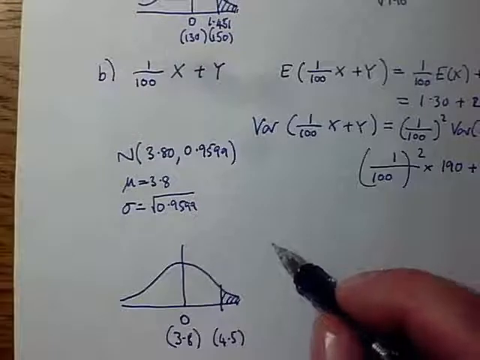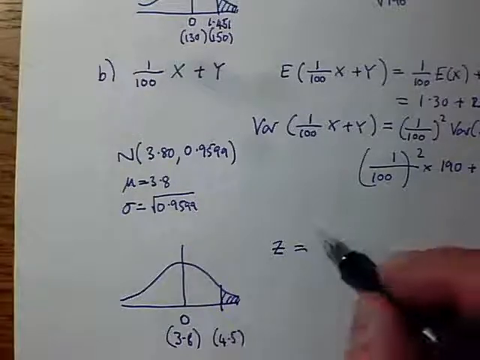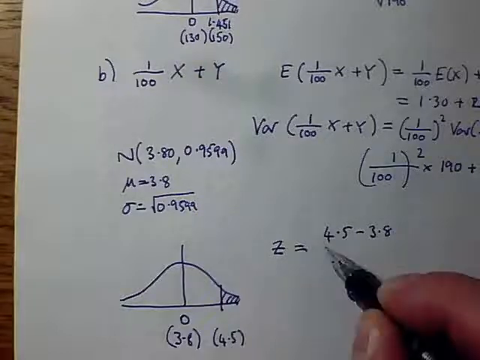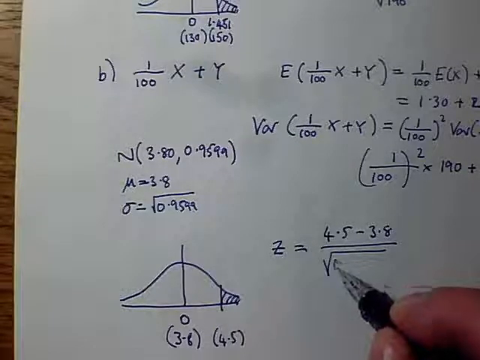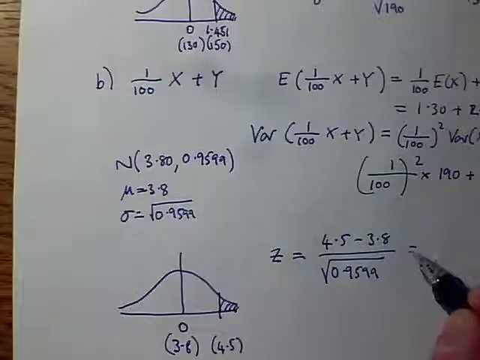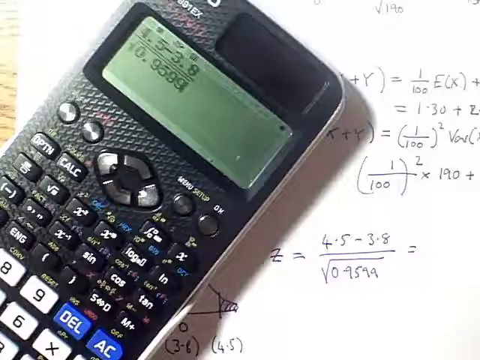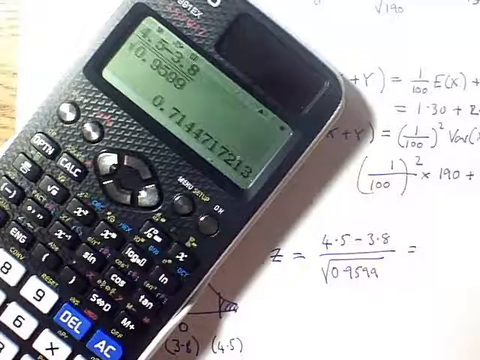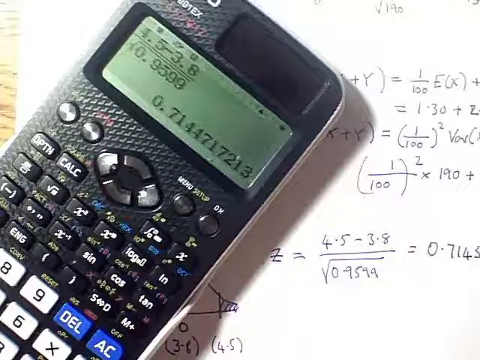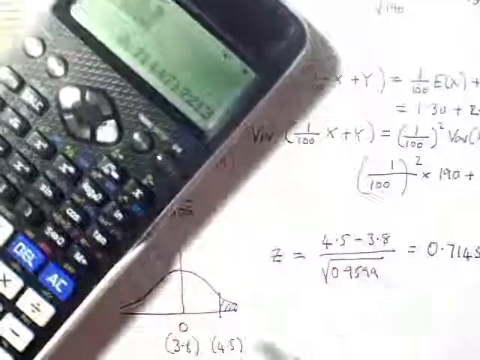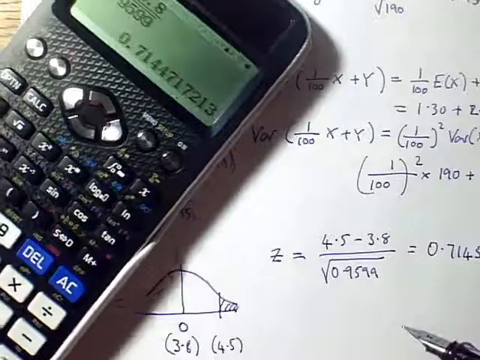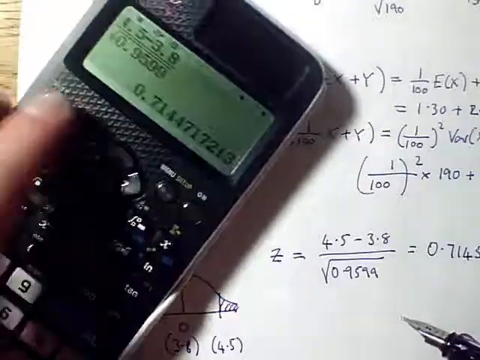So I'm going to get a positive z value, and I want to spend more than that. So my z value is going to be the x value 4.5 minus the mean 3.8 divided by the square root of 0.9599, which gives me a value of 0.7145. Okay, so that's my z value. I can see that on my normal probability, that's the lower bound, and the upper bound is a large positive number.